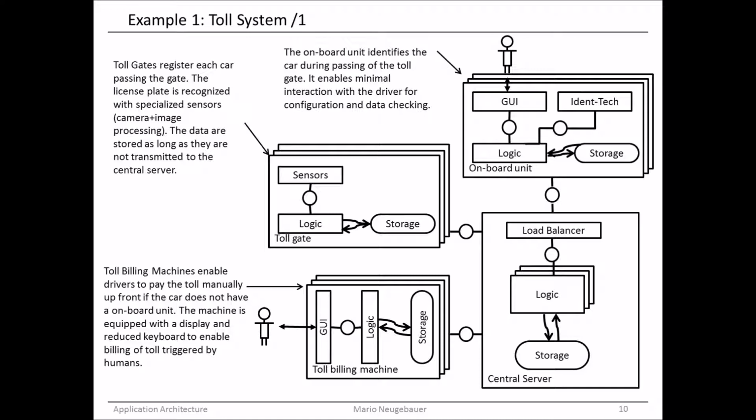And this registration with the license plate might be done in the logic, for example, and in the logic it is determined if you are a registered user, and this data might be stored in the local storage of the toll gate such that the user's information is also available on the toll gate.